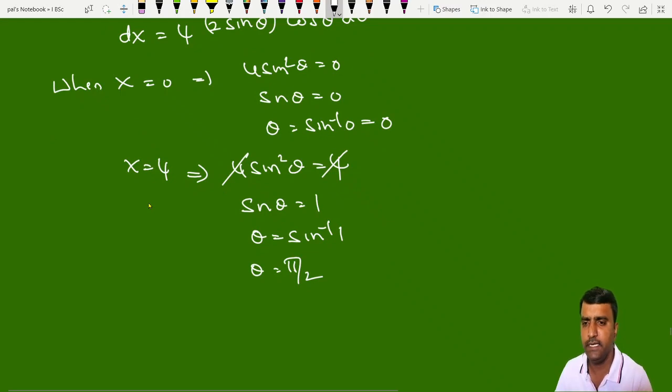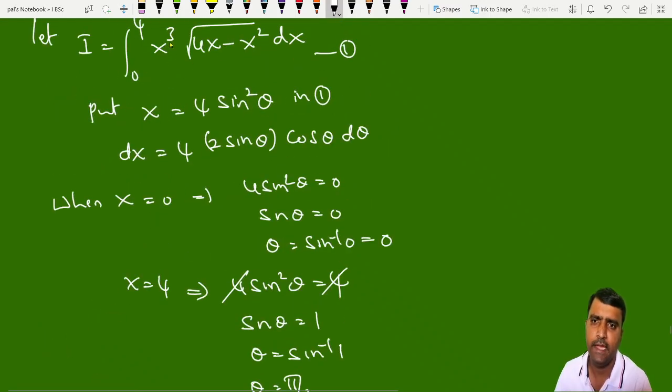So now that integral I is equal to integration from 0 to pi by 2 into x cube.